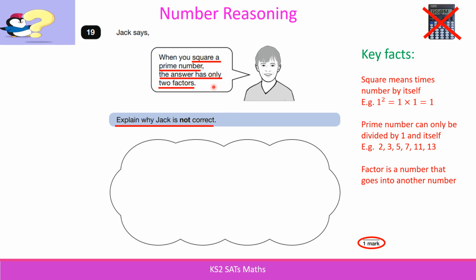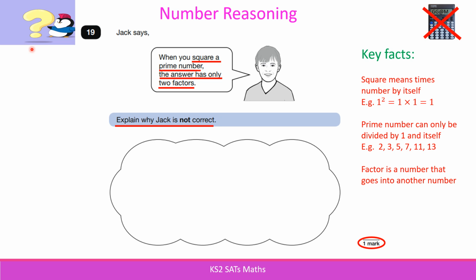You've got to show that it is only 2 factors, and you've got to say why it's not correct. So think of a prime number, square it, show that the answer doesn't have 2 factors, show it's got more or less than 2 factors, and then you've got to write your answer in this bubble here. Press pause, have a go at working out the answer, and then press play when you're ready to hear the answer.